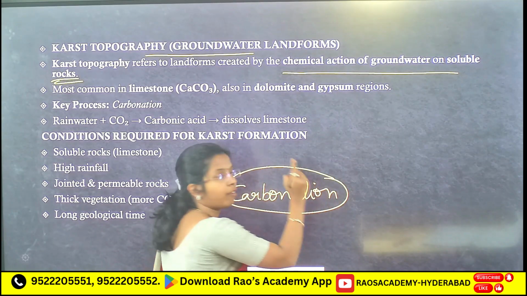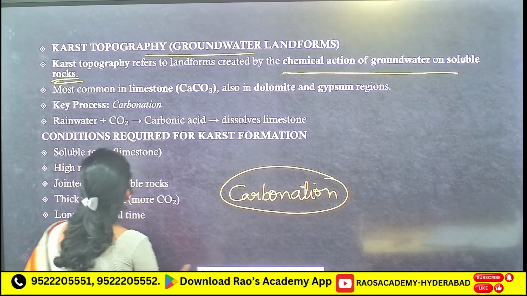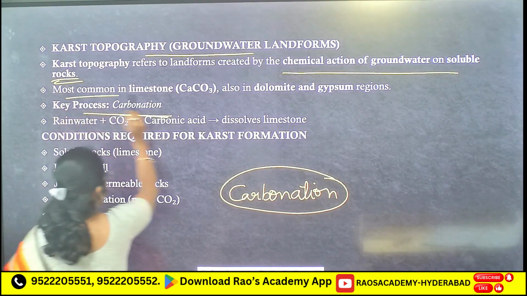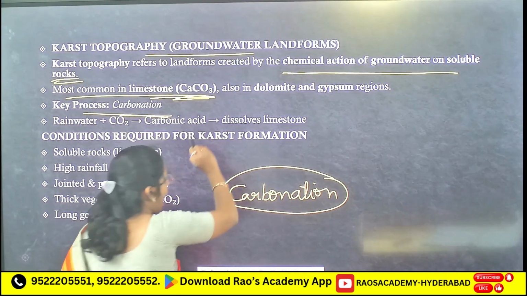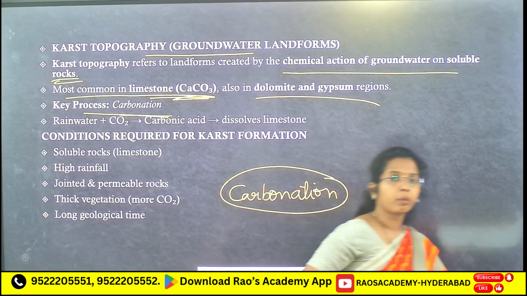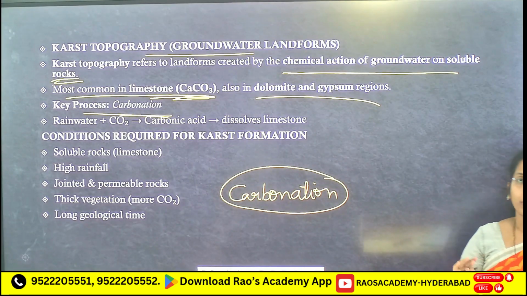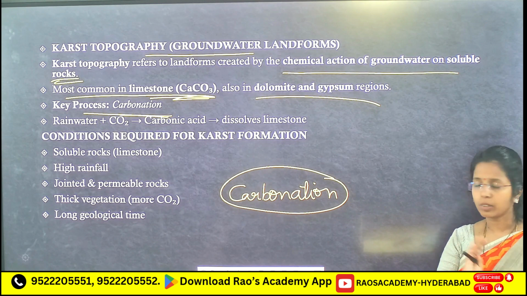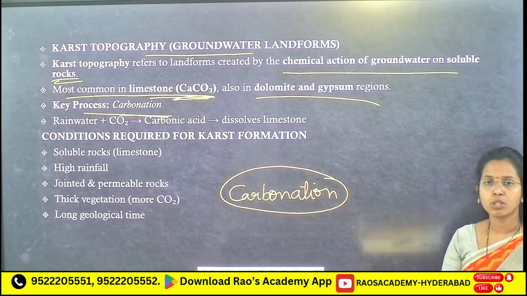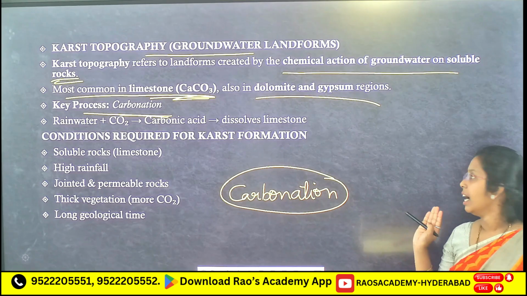The carbonation process we have learned earlier. Key process: carbonation, most common in limestone and also in dolomite and gypsum. Remember, most students think karst topography means only limestone. No, not only limestone, in dolomite and gypsum regions also we will find these landforms.